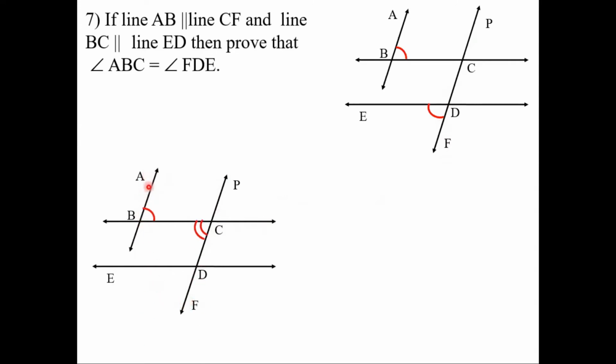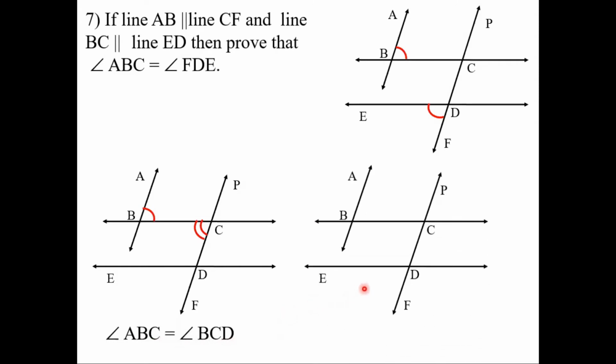Naturally, your angle ABC, which is over here, must be congruent to angle BCD over here, because these two now become alternate angles. Means you created a relation of angle B with angle D. Next, angle ABC is congruent to BCD, reason: alternate angles.